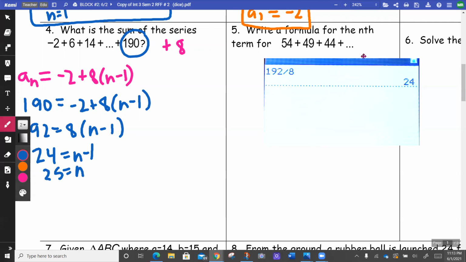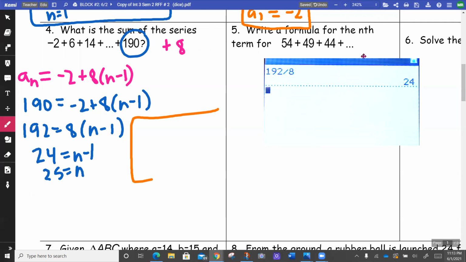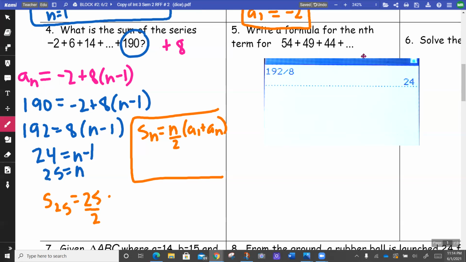So if I want the sum, the formula for the sum is S sub n is equal to n over 2 times a1 plus an. So in our case, I want S sub 25, and I'm going to have 25 over 2 times my first term, which is -2, and my last term, which is 190.